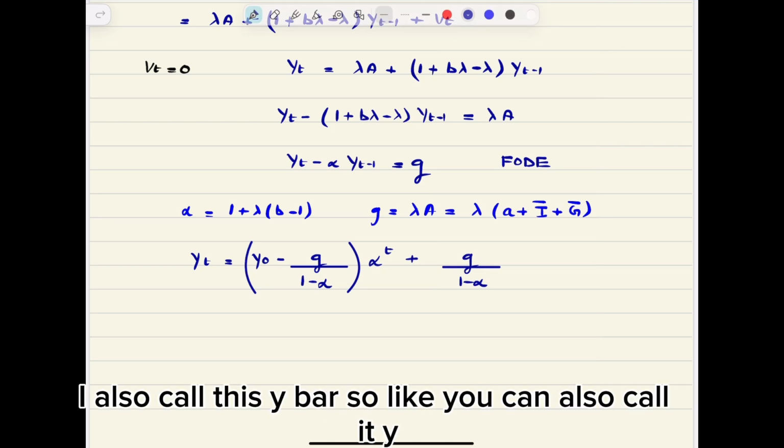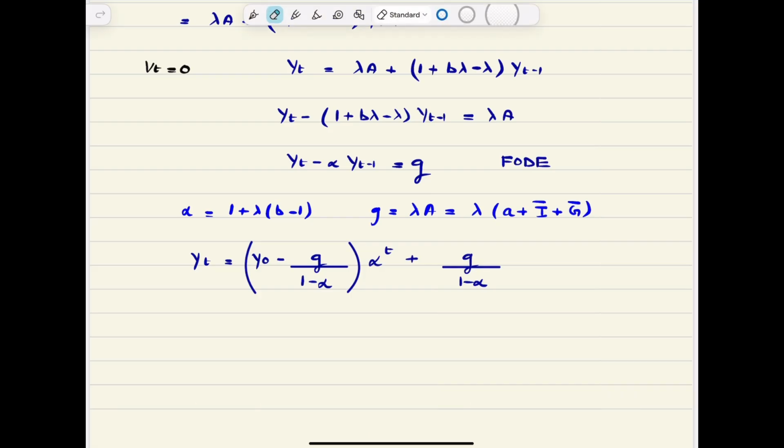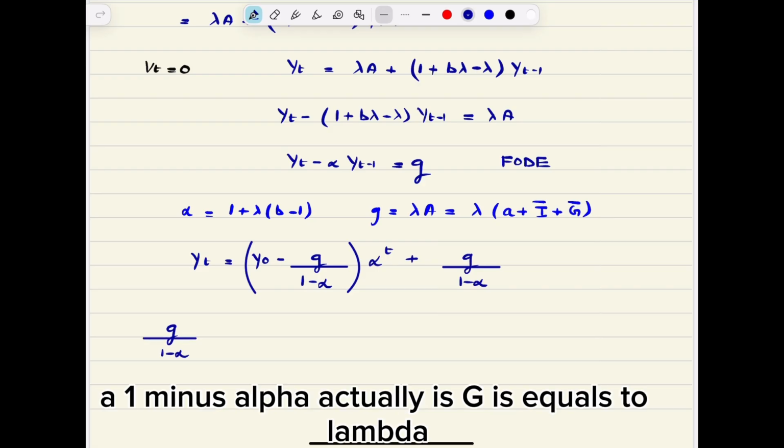I also call this y bar, the long run value. Let's calculate what g over 1 minus alpha actually is.